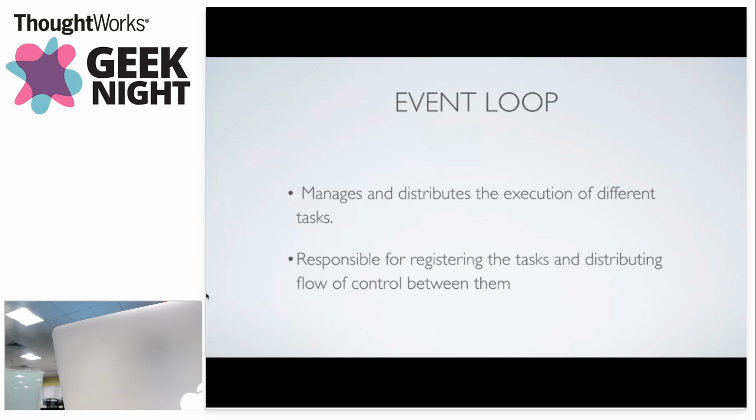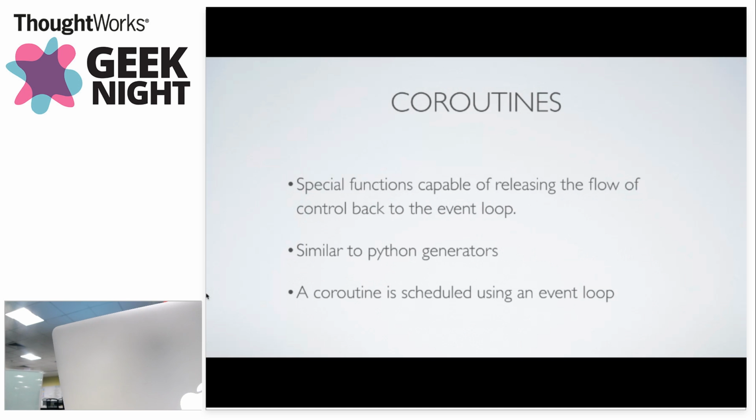It manages and distributes the executions, and it is responsible for registering the tasks and distributing the flow of control between them. And coroutines are nothing but your normal methods in Python, but they have a special capability. They can release back the control flow to the event loop.